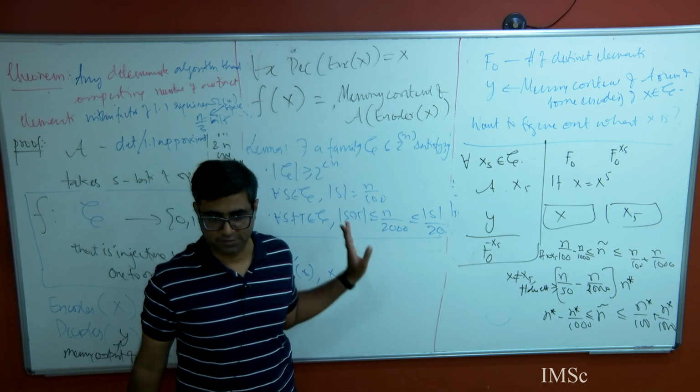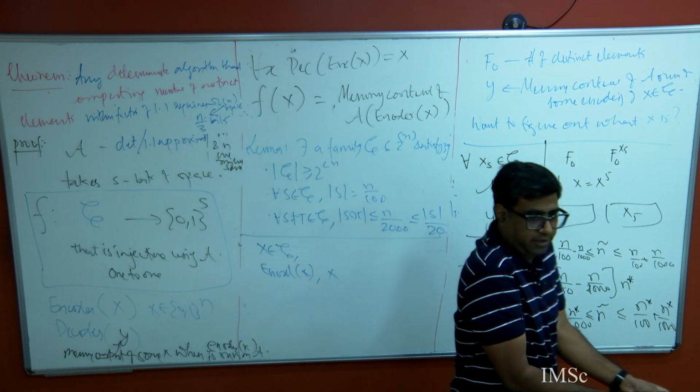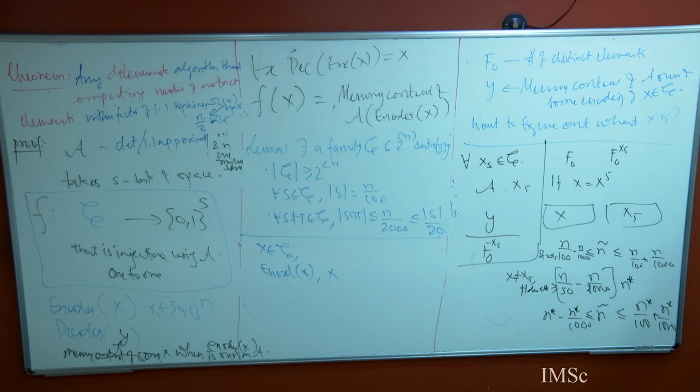All I need to show is that such families exist. I don't even need to give you a constructive proof. If such families exist, we know we cannot have such an algorithm, because it's all existential. I'm just saying that if you had such a great algorithm, then from such a family I could give you such a function.